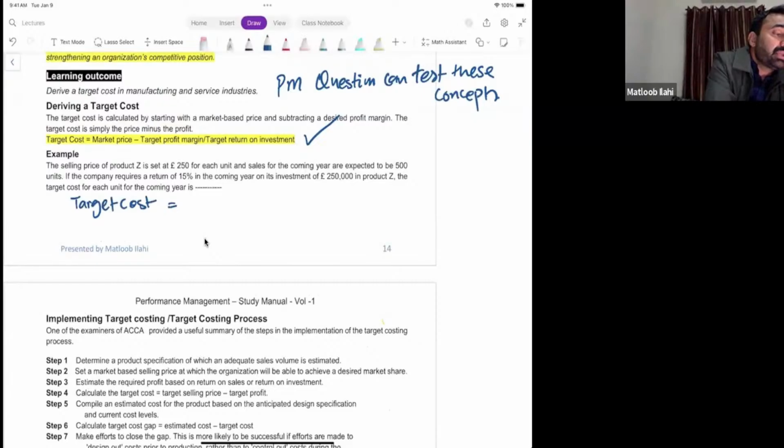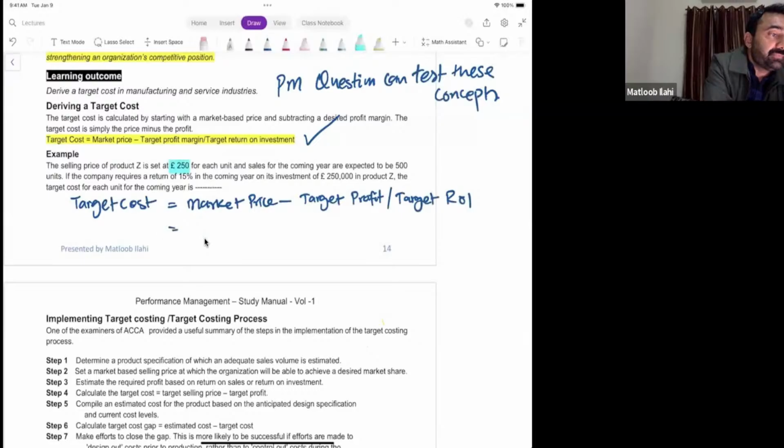So what is target cost? How to calculate target cost? It is market price minus target profit, or you can say target ROI. So the market price in this question is 250. 250 pounds minus the target ROI.